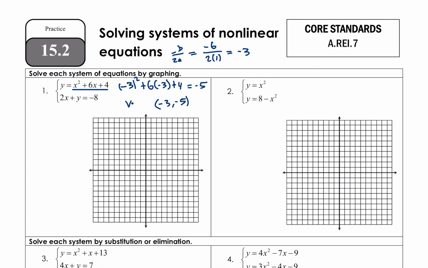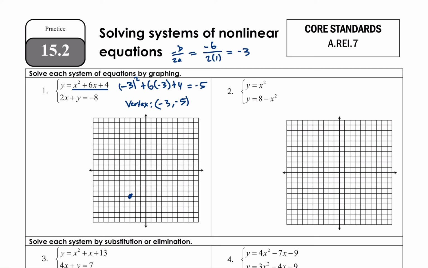So now I'm going to go down to my vertex and put my first point. Go over 1, 2, 3, and down 5: 1, 2, 3, 4, 5. So there's the first point. Now if you remember from our quadratics unit about our growth pattern, it's 1, 3, 5.